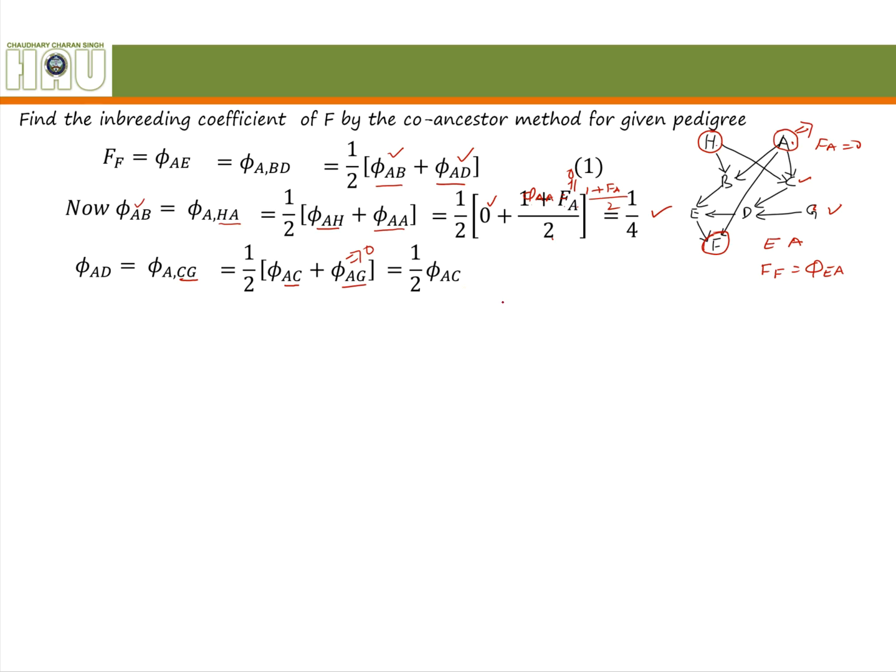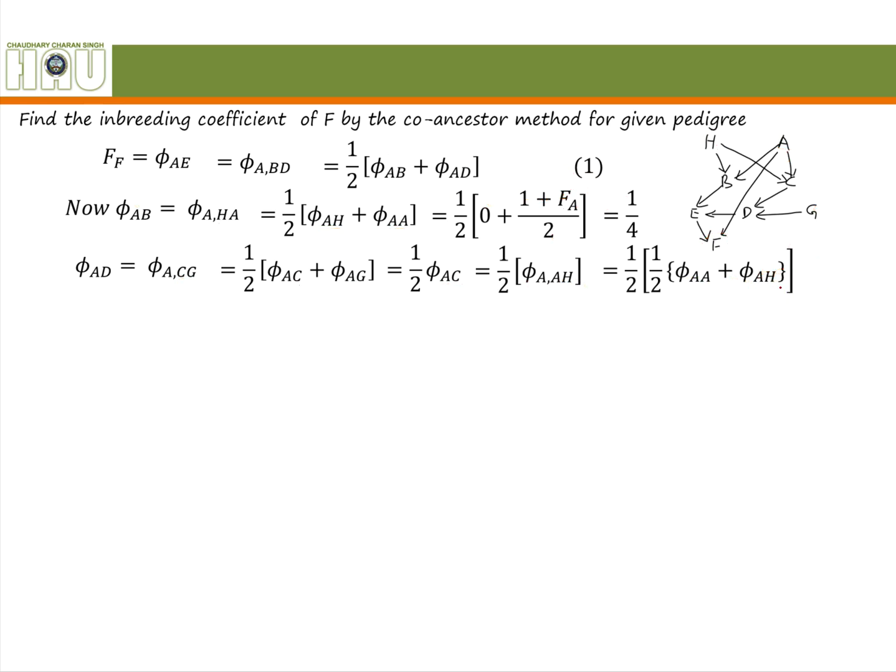Now C has further two parents, A and H. So I substitute here half phi A into AH, and this can be given as half of phi AA plus phi AH. Right?